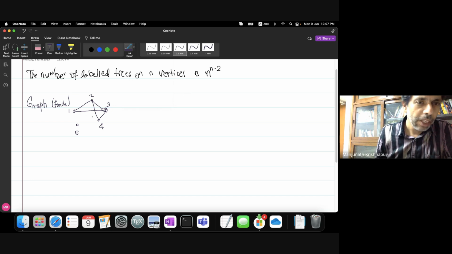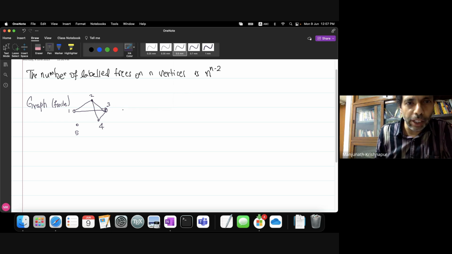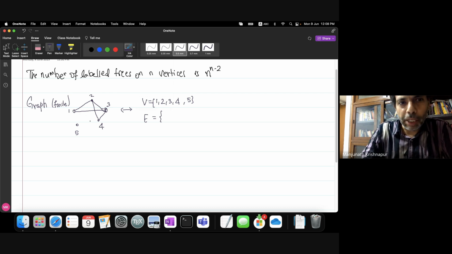So often it is just the vertex set, 1, 2, 3, 4, and 5 in this case. And what is the edge set? If you want a formal definition, it is a symmetric relation on the set of vertices.